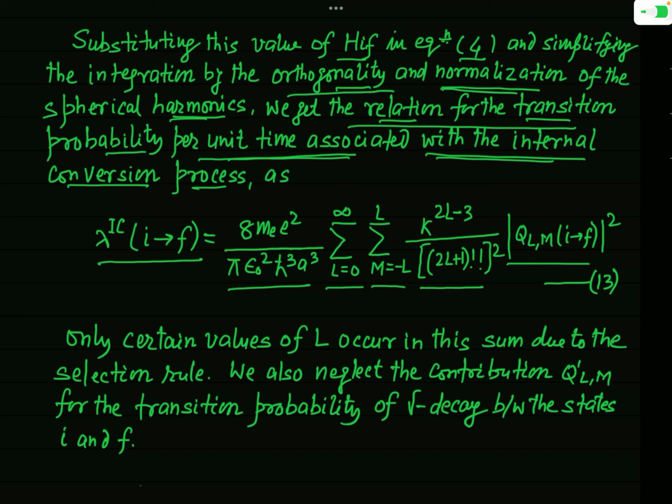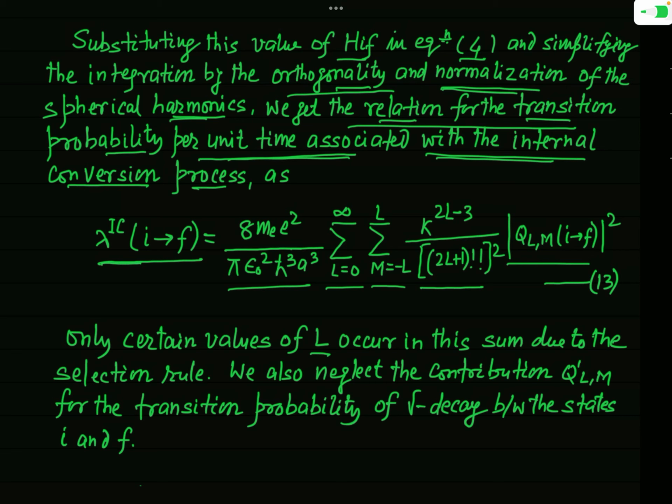Now, in this expression, due to the particular selection rule, certain values of L occur. Okay. So definitely we have to neglect, in the calculation of this lambda, that is the transition probability rate, the contribution due to the gamma decay, because in this process during the internal conversion, gamma decay also takes place.